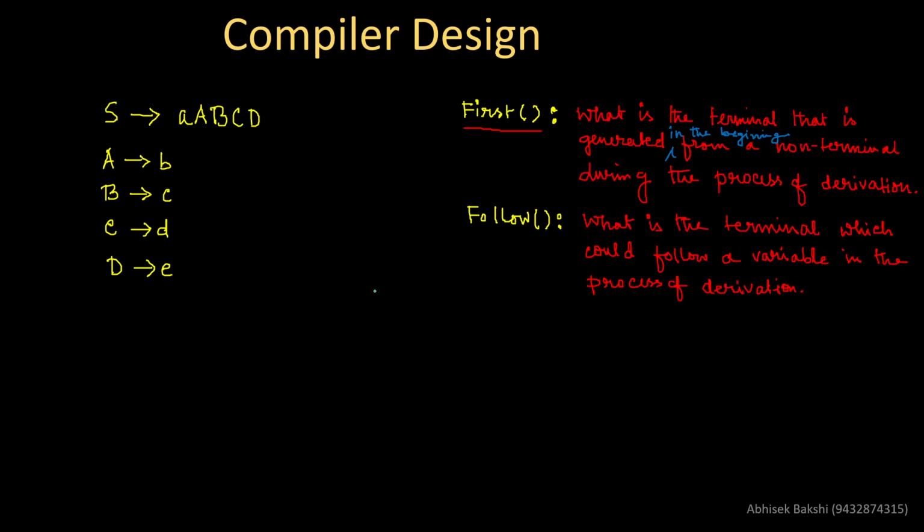A very simple one actually, right? So I have an S, I will start with small a, then capital A, then capital B, then capital C, then capital D. And from this A I can generate small b, it can be small c, small d, small e, right?